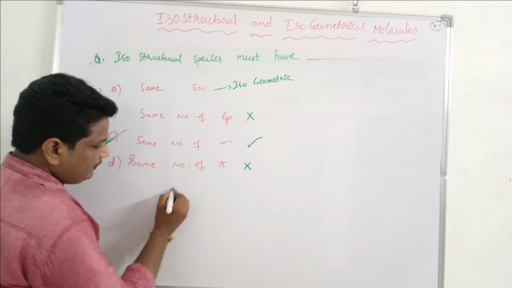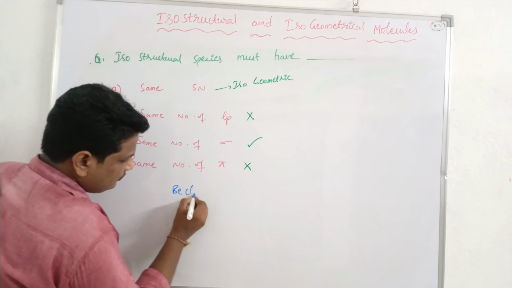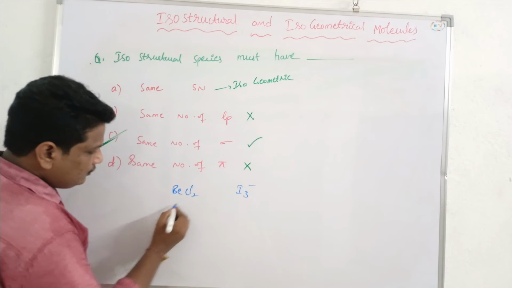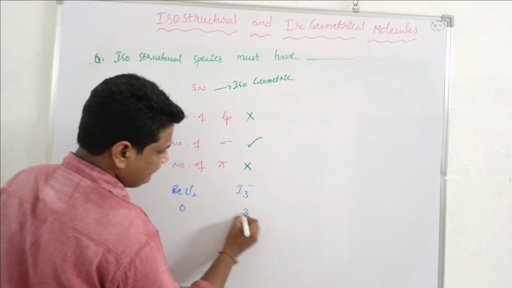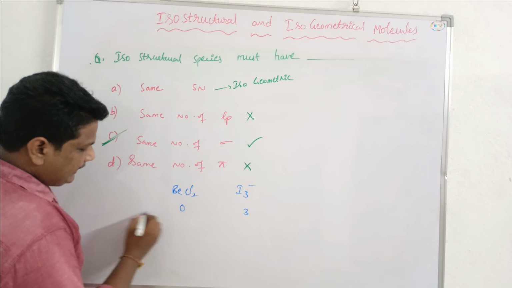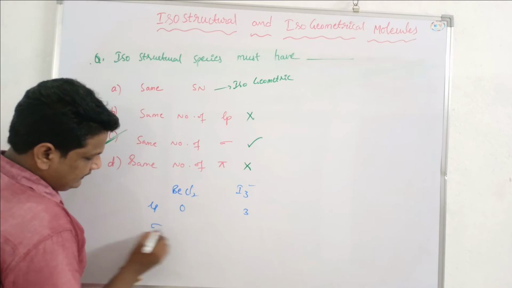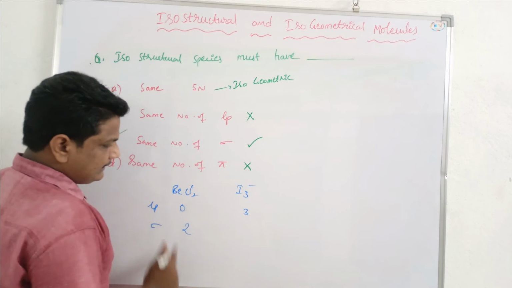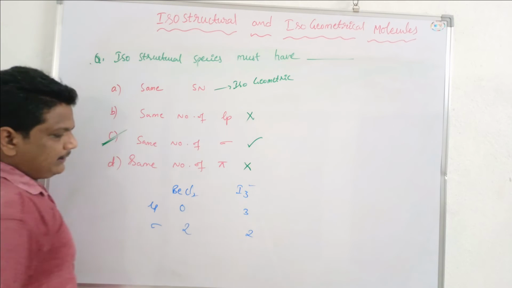Let us take an example, that is BeCl2 and I3 minus. In BeCl2 we have 0 lone pairs and here we have 3 lone pairs. In the case of BeCl2 we have 2 sigma bonds, and in I3 minus we also have 2 sigma bonds.